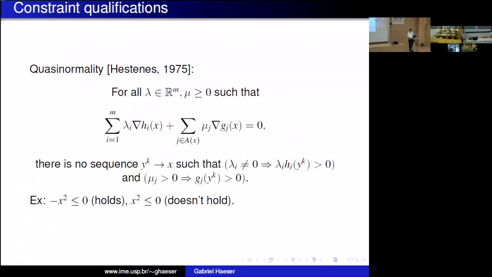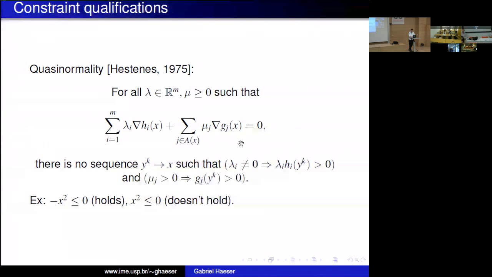There is this idea of quasi-normality by Hestenes, and this appears also in the book of Bertsekas that I mentioned before. And in this book, he uses this condition to prove the KKT condition. So the idea here is that you may have positive linearly dependent gradients, where the multipliers mu are non-negative.